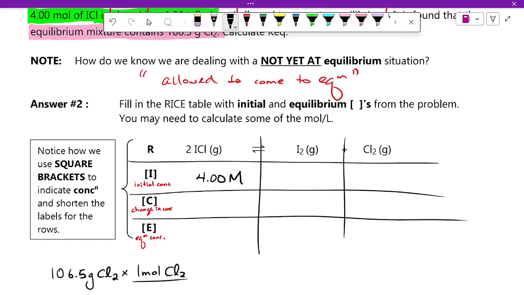But you don't want to. This is correct. Now, say the concentration of chlorine, that is in moles in 1 liter.